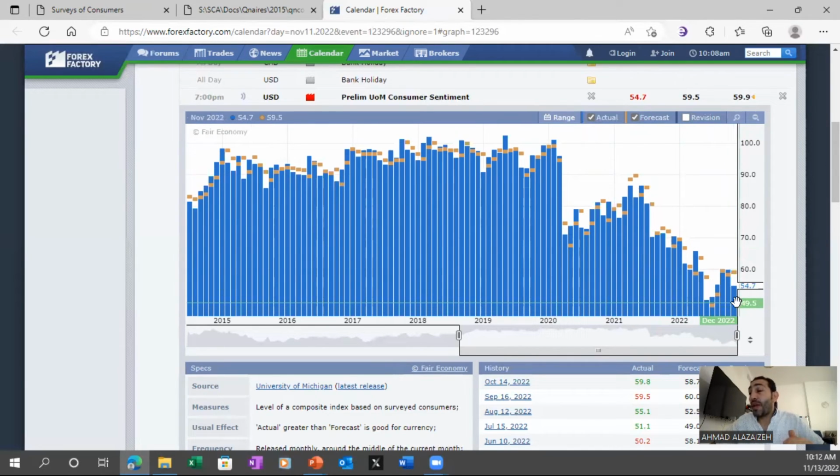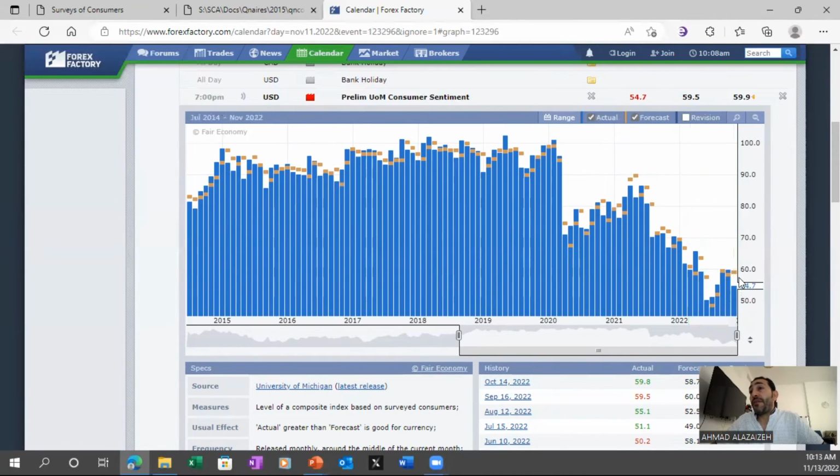Now, if the answers were positive and above the expectation, the forecast, that will indicate that the economy is growing and is better, and that represents consumer confidence. If consumer confidence is high, that is also an indication that consumption in the future will be better. Hence, if consumption is better, then the GDP and employment will be better, hence the rate hikes will come.